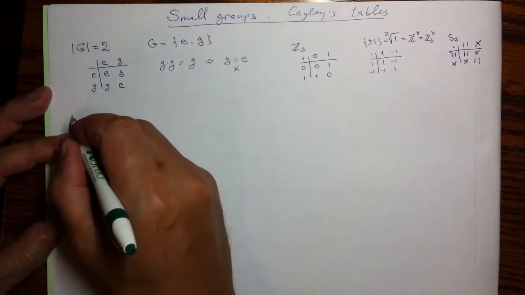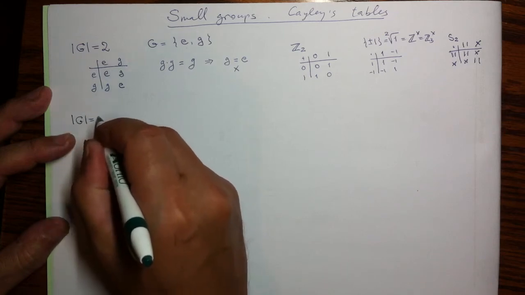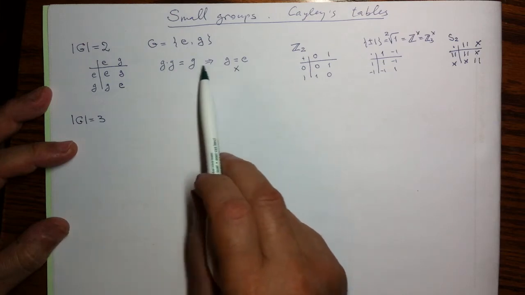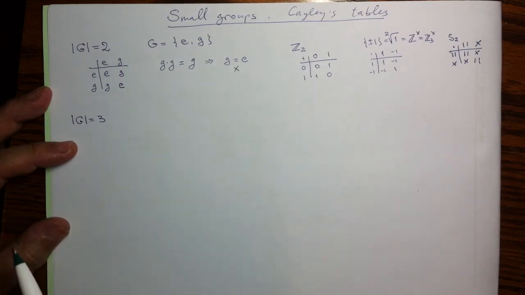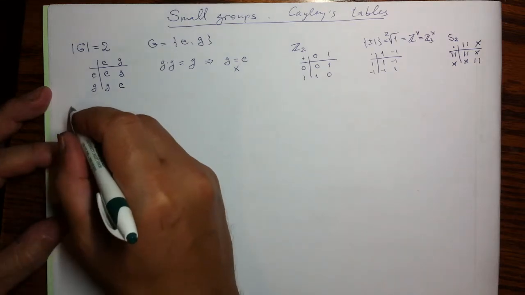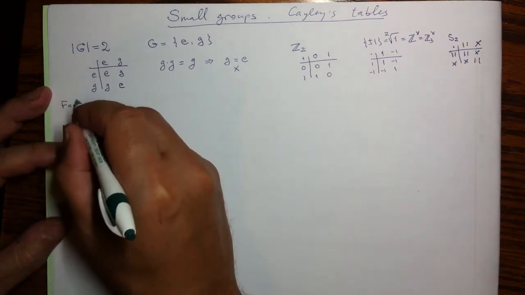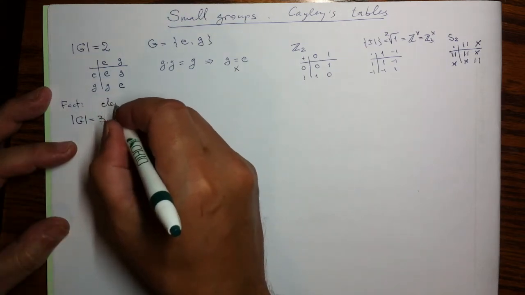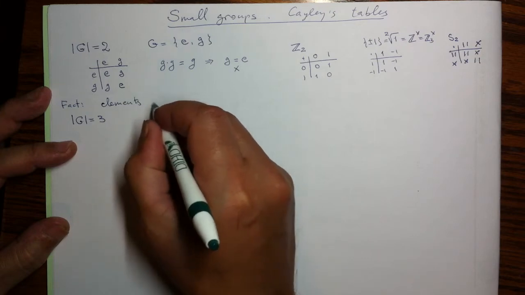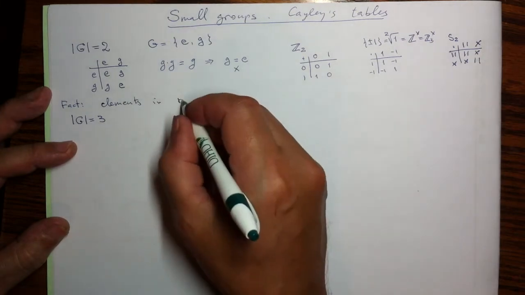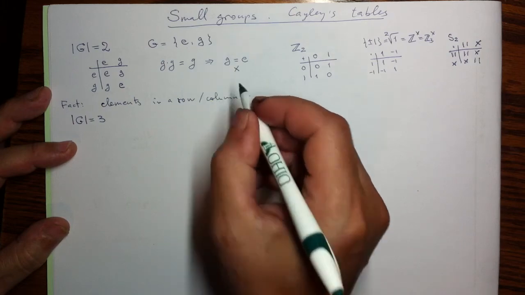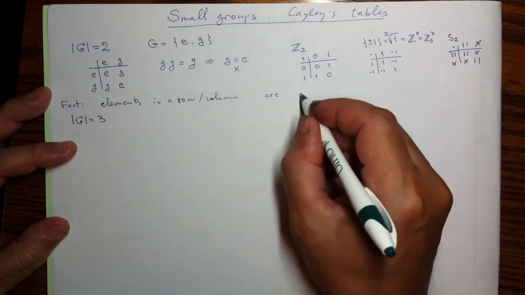So proceeding to the next order, order 3, it would be good to have this sort of argument generalized a bit. And here is a generalization. It's a fact about a Cayley's table of any size: elements in a single row or column are bound to be different.